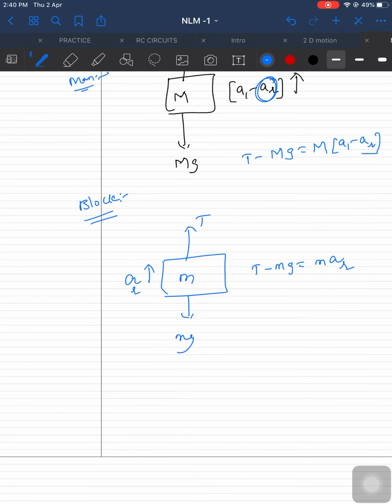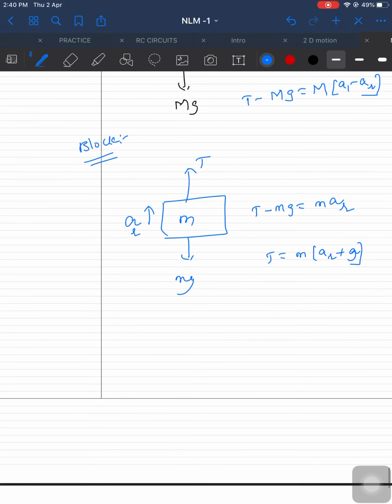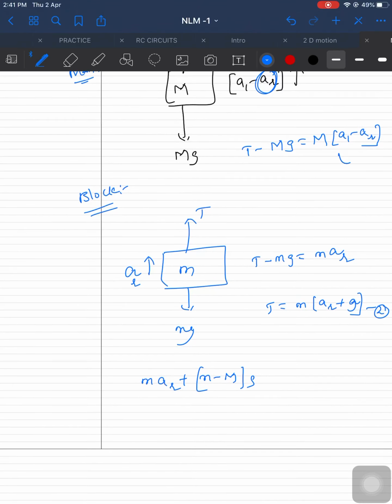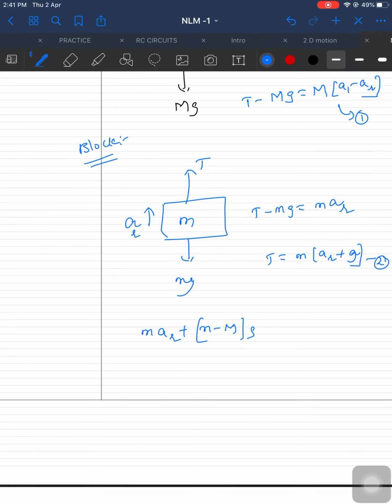Now let's substitute the equations. T is equal to small m into AR plus g, this is equation 2. We are substituting equation 2 in equation 1: small m AR plus small mg minus capital Mg is equal to capital M a1 minus capital M AR.